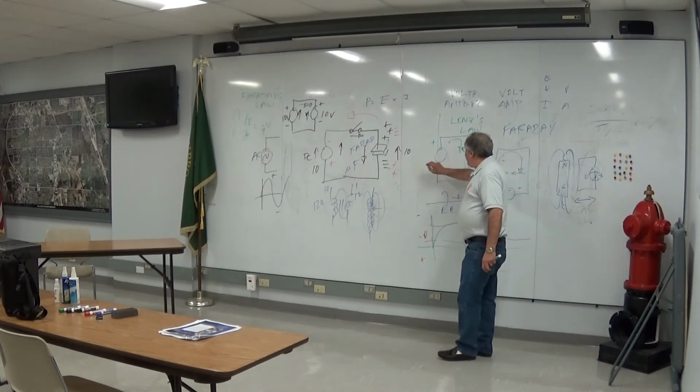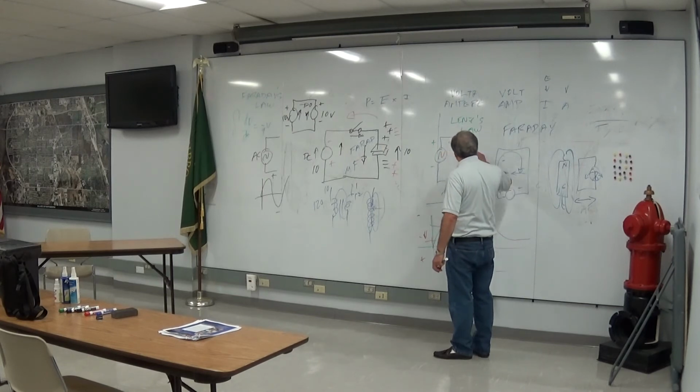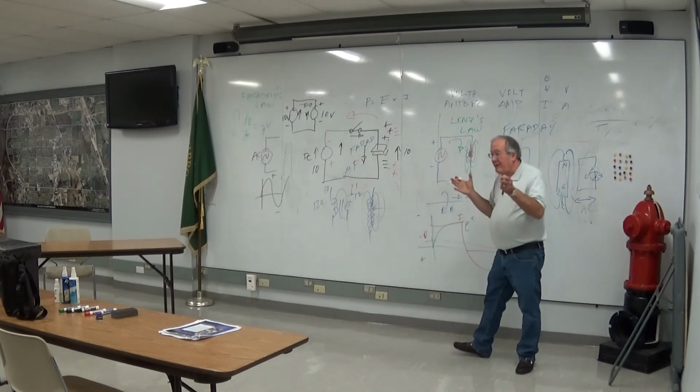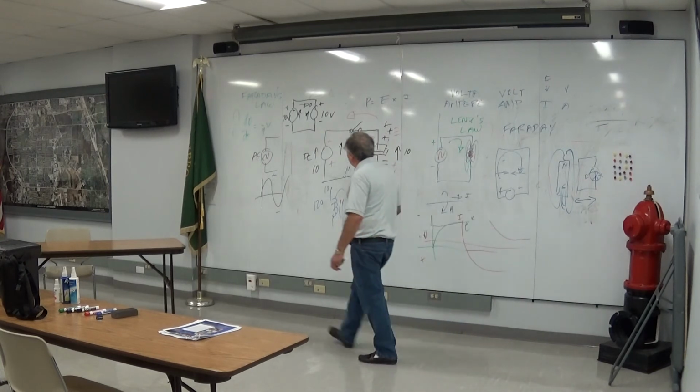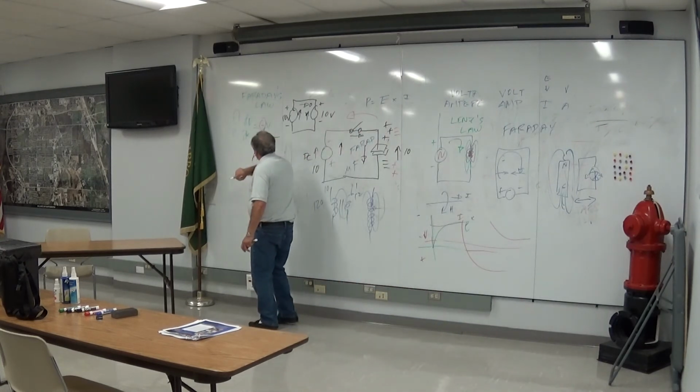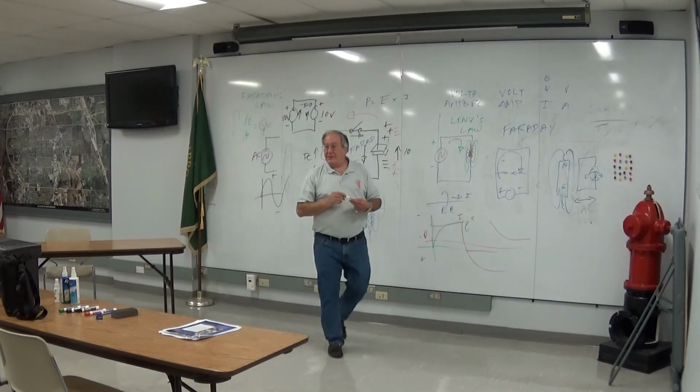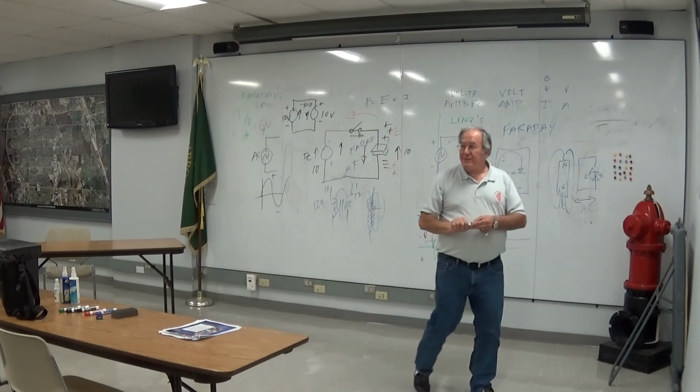So when you are putting an alternating current here, this magnetic field is growing and then shrinking, and then growing and shrinking, growing and shrinking, and in doing so produces an opposite voltage, the one that started the whole process.